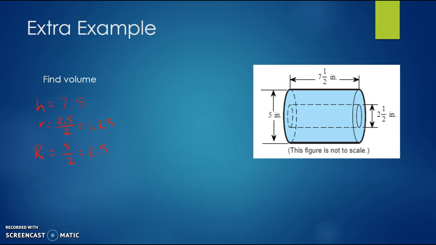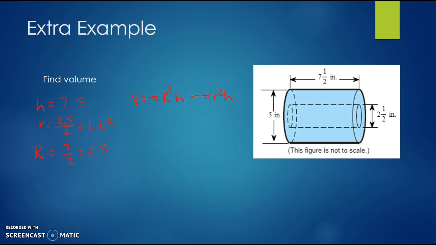So now this is what I am going to do. I am going to find the volume of the big by doing pi capital R squared times our height. And then I'm going to subtract the volume of the small, which would be pi times the little r squared times the height. And so then that will give me the volume of this whole shape.